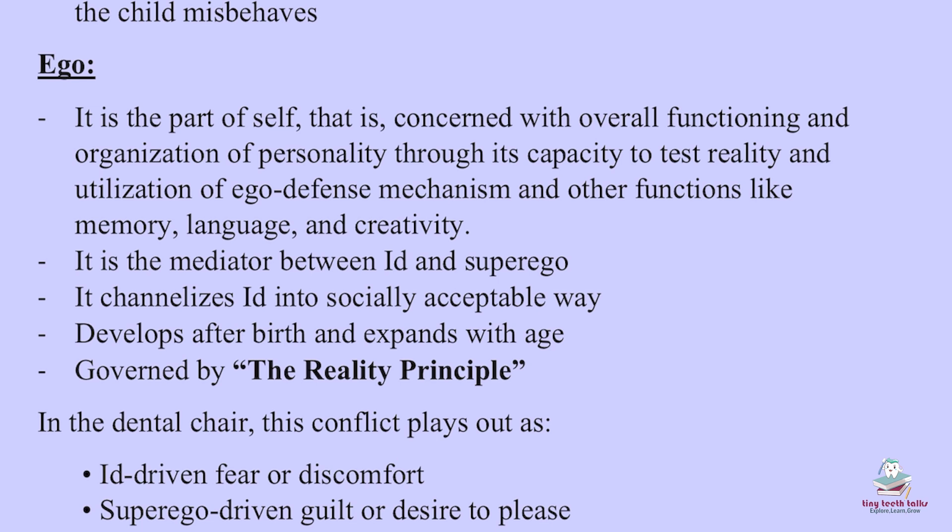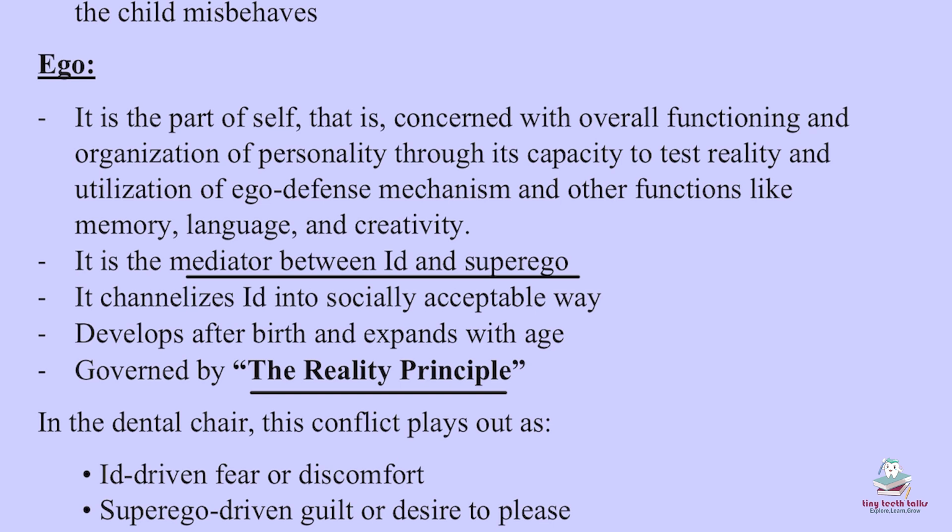So the ego uses defense mechanisms and other functions like memory, language and creativity. It is the mediator between id and superego. It channelizes id into a socially acceptable way, develops after birth and expands with age. It's governed by the reality principle.